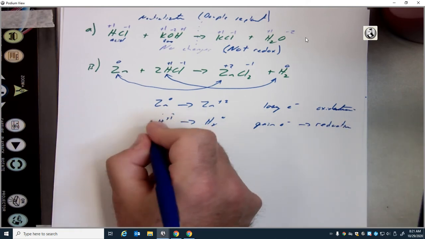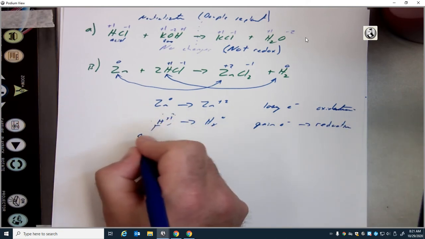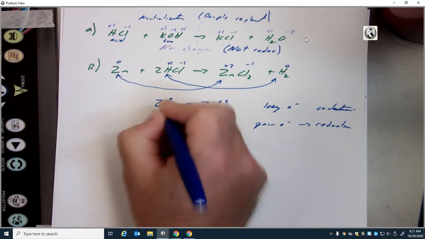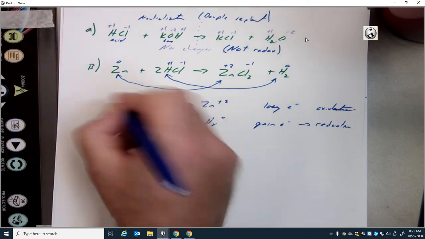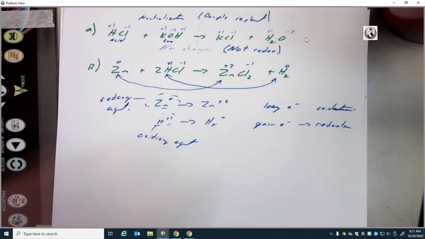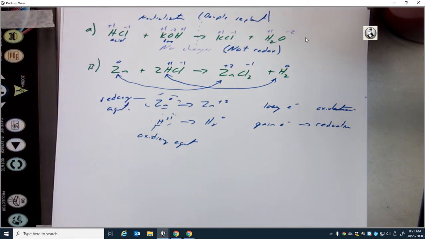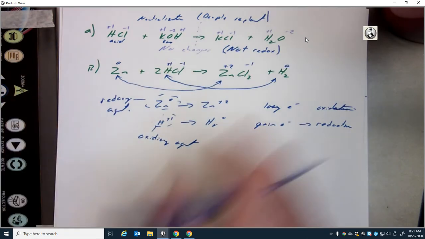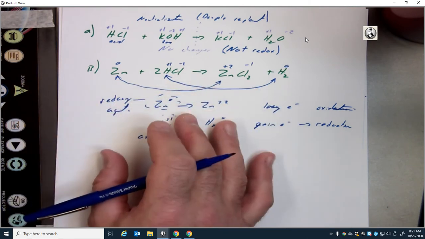So the H+1 is our oxidizing agent, and our Zn0 is our reducing agent. Okay. So now you can kind of recognize what's going on here with these oxidation and reduction reactions.